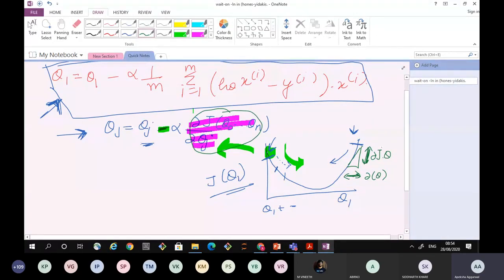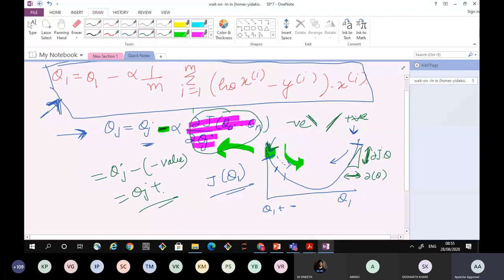But while I am at this position, my slope becomes negative, because when the slope goes this way it is positive, and when it goes this way it is negative. So if the slope is negative when I'm over here, this whole term will be something like J minus some negative slope value, so it will actually be positive. That is why it doesn't matter whether we are over here or somewhere over here. This is how gradient descent is designed. That is why we consider slope over here.